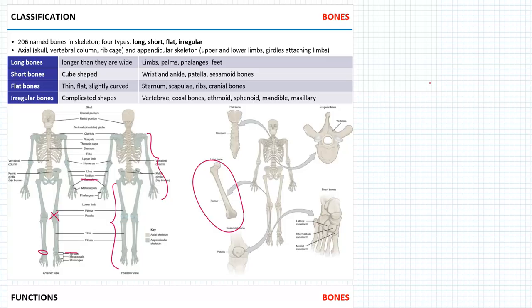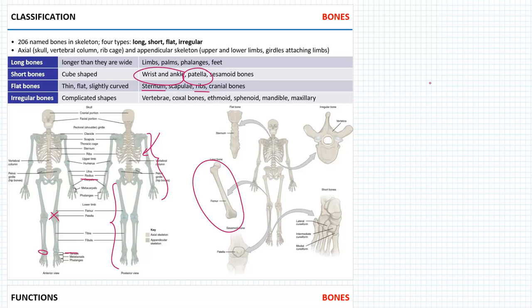Then we have short bones. Short bones are cube-shaped bones, so it's going to be the wrist and ankle, yes, and the patella. And there are sesamoid bones that are found usually in the skull, but we're not going to focus on them a lot. Then there are flat bones. So, in short, your entire rib cage, which is sternum and ribs, are flat bones.